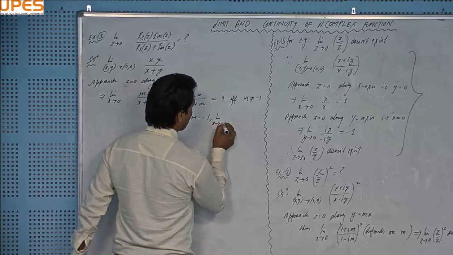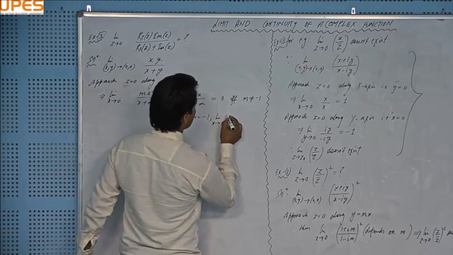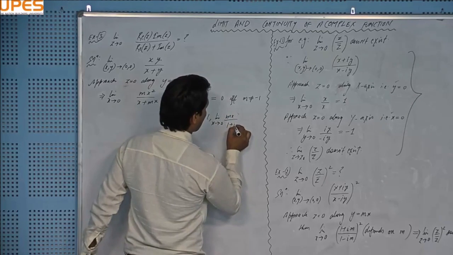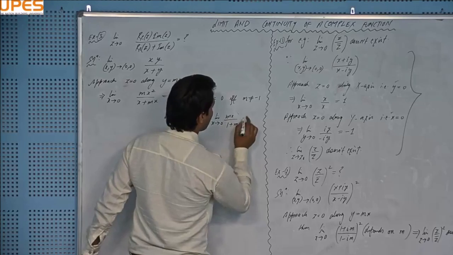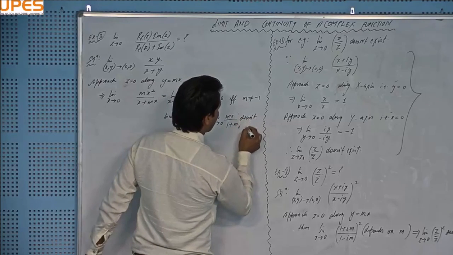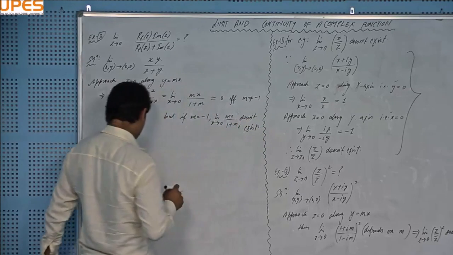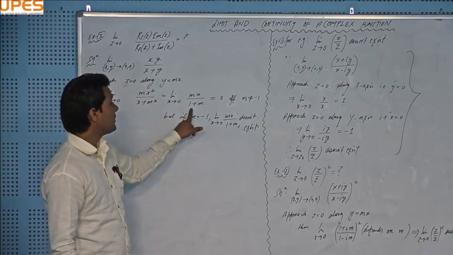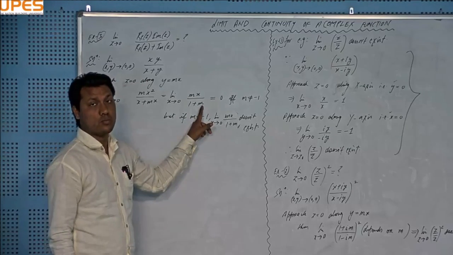Limit x tends to 0, mx square over x plus mx square, that is mx upon 1 plus m, does not exist, right? So the value of this function ultimately depends on the choice of m in the denominator.